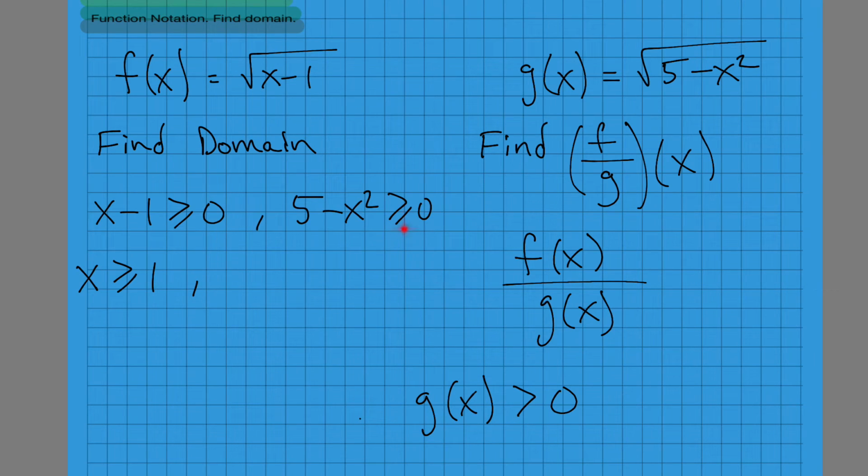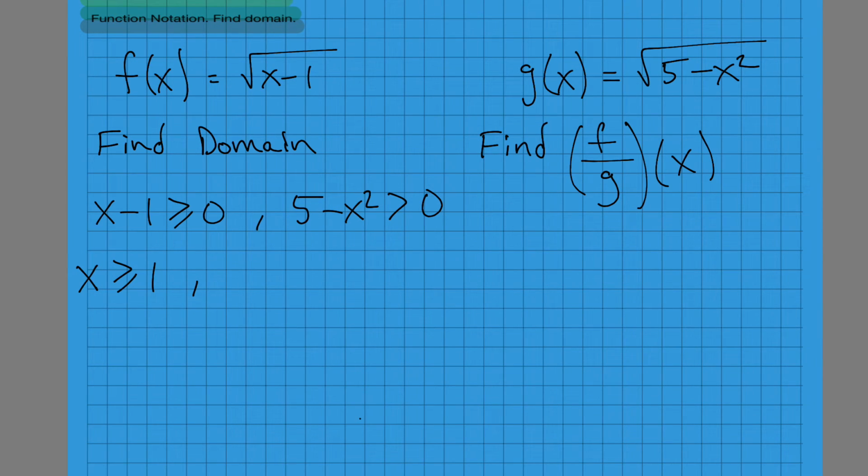So we're going to change this inequality here. Instead of greater than or equal to 0, we're going to say that it has to be just greater than 0, simply because we're dividing here. It has to be greater than or equal to 0 because it's underneath the root sign, but also greater than 0 because we're dividing.